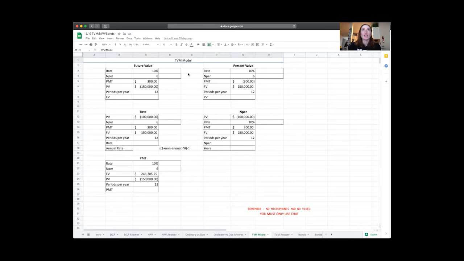So first thing is there are 5 different time value of money problems, and each one you can see is solving for a different value. For example, if you look up at the future value top left, you see that you're given a bunch of different information, and you're trying to solve for future value.